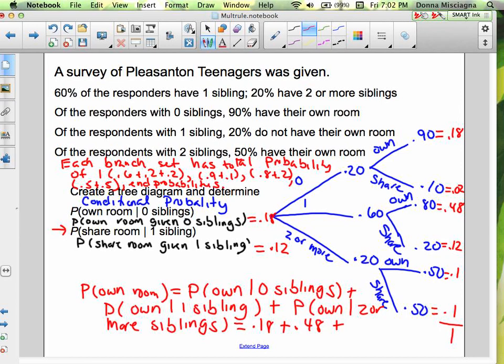So it's going to be 0.1. We add all 3 probabilities here, right? Because it's the probability of your own room given any of the 3 sibling options here. All right, so we just add those together, and that's going to be 0.76.